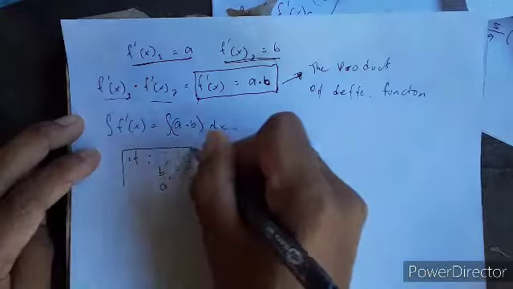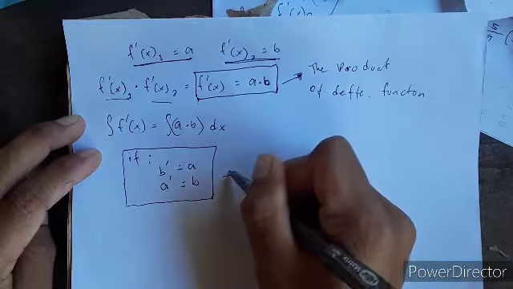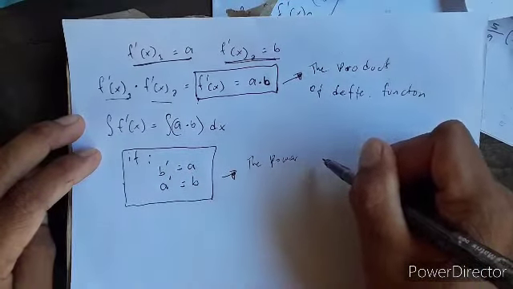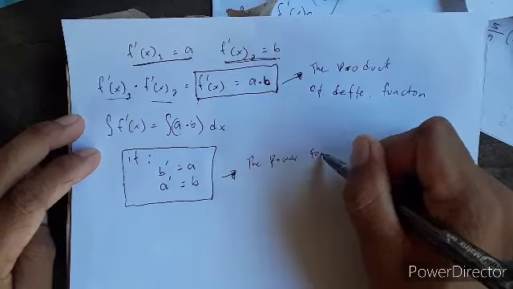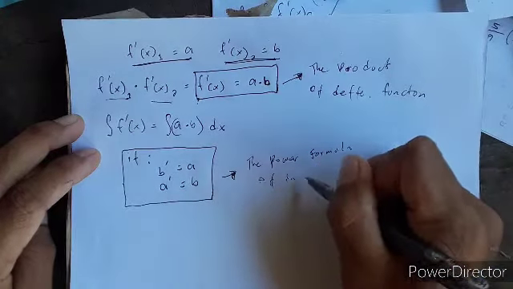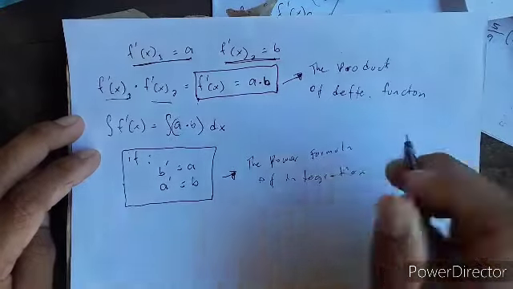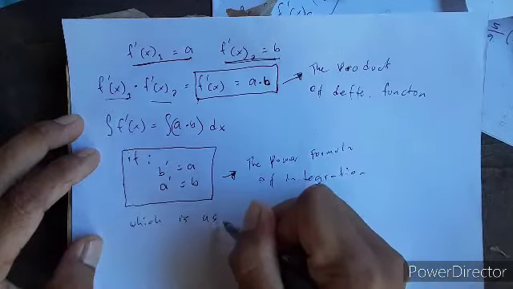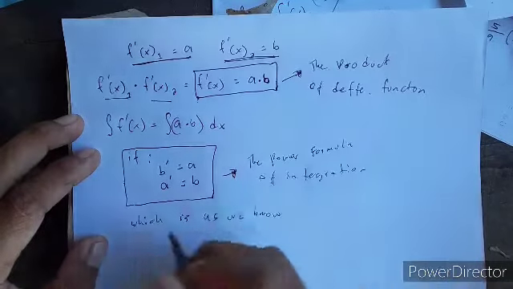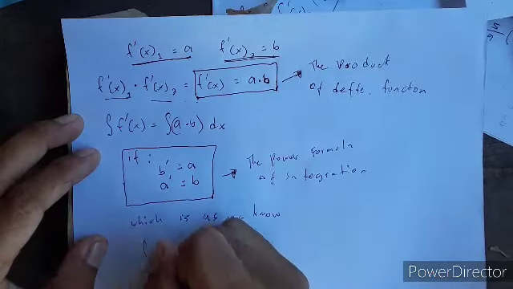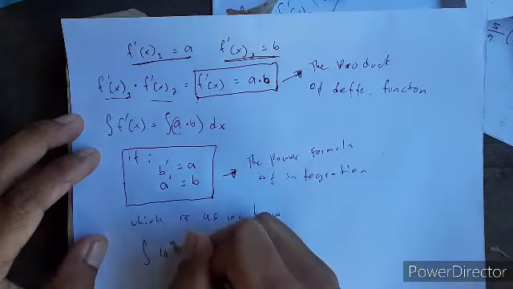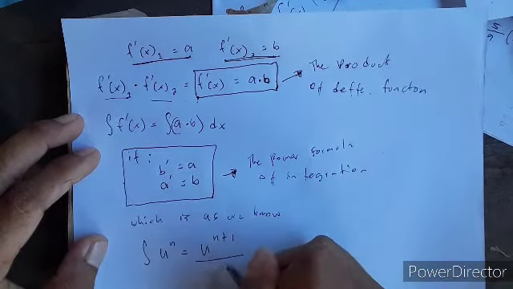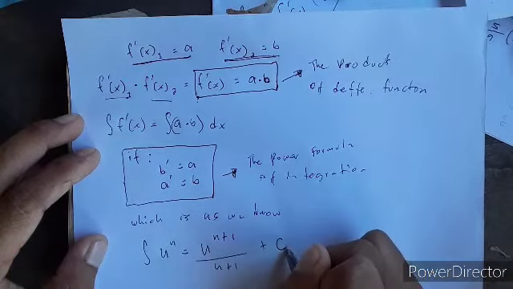So in these cases we can use the power formula of integration, which, as we know, is simply the integral of u raised to the power of n is equal to u raised to n plus 1 over n plus 1 plus an arbitrary constant.